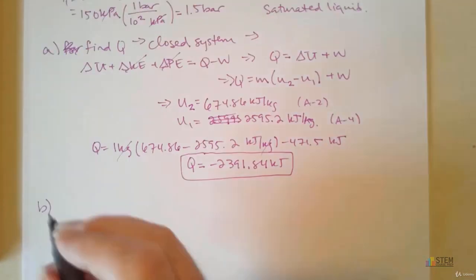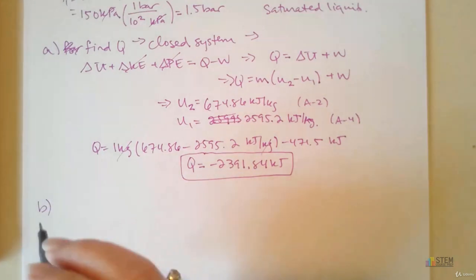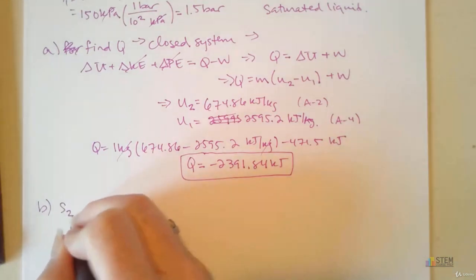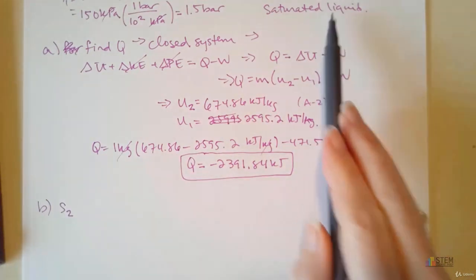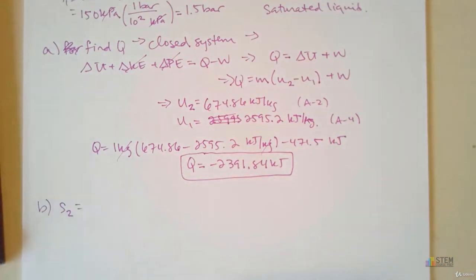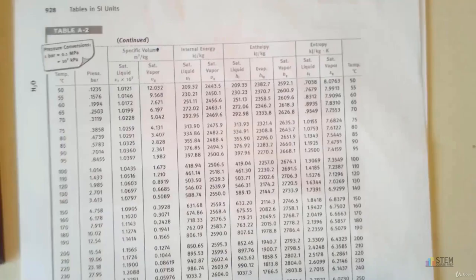Now we're at part B. This one we want to find the change in entropy. In order to find that, we have to find the entropy at state 2 and then entropy at state 1. We already know at state 2 that we have saturated liquid. So you just look in the saturated water table at a temperature of 160 and pull out the entropy value for saturated water.